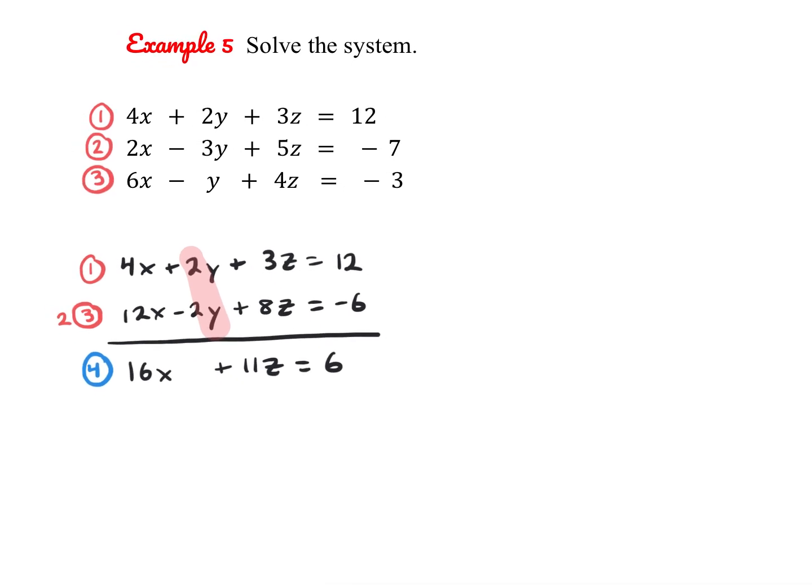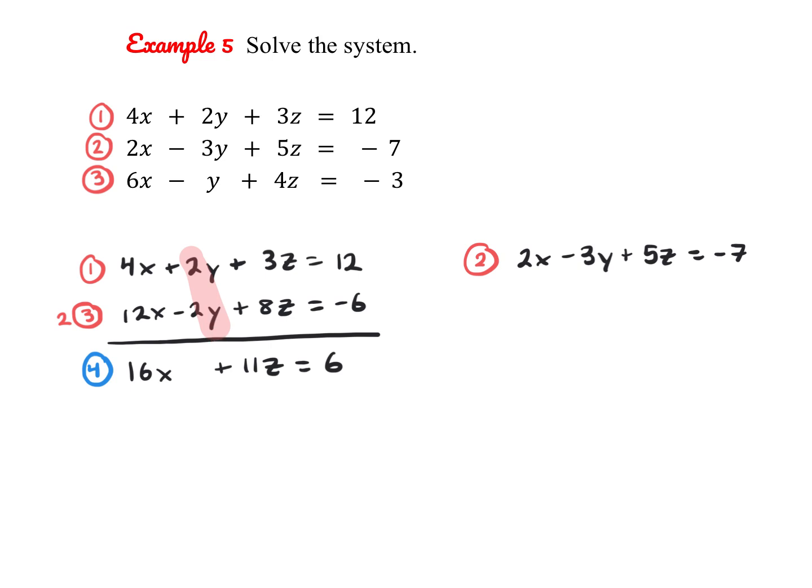But remember, if we want to solve a 2-variable equation, we need 2 equations. So I have to eliminate y's again using a different set of equations. So equation 3 is a good one to use, and we haven't used equation 2 yet. So let's use equations 2 and 3. I can keep equation 2 exactly the same. And again, I'm trying to eliminate my y's again.